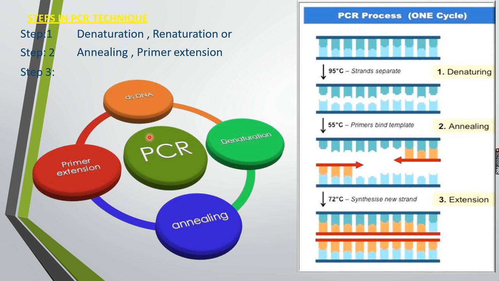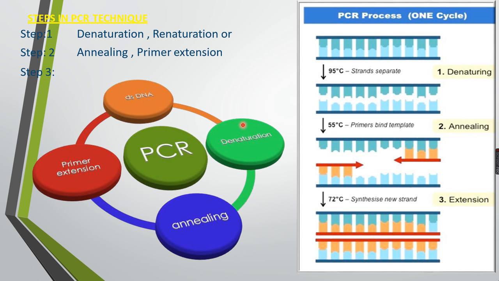So we are using 3 techniques: denaturation by heating to 95 degrees Celsius, annealing or attaching, where the DNA primer gets attached to the DNA template at the 3' end by reducing the temperature to 50 degrees Celsius, and after the attachment of the primer to the DNA template, it shows its extension, and it can produce once again the double stranded DNAs.